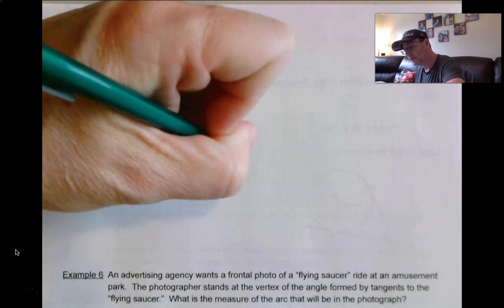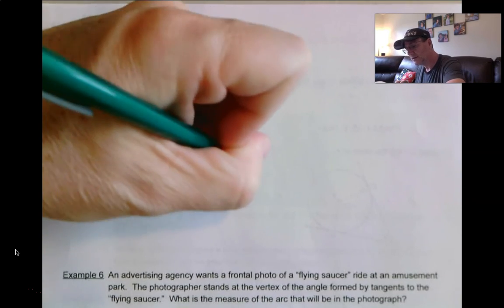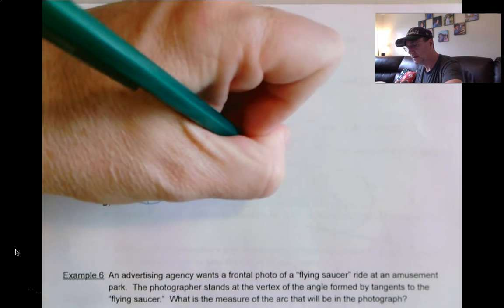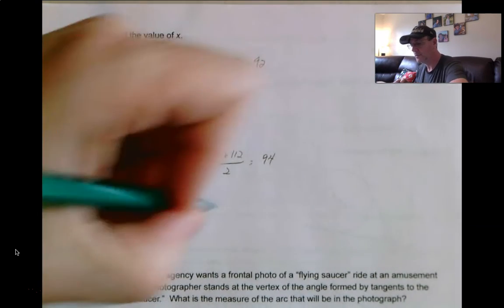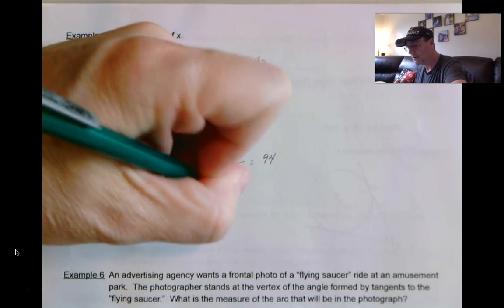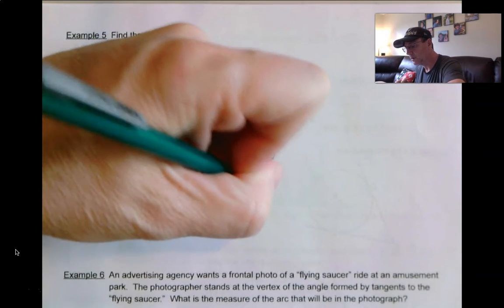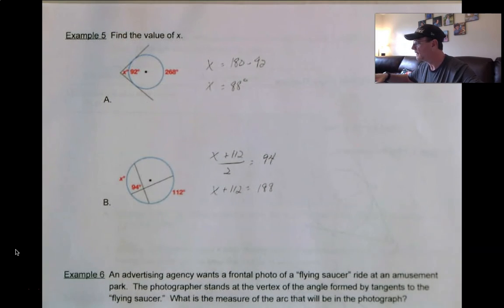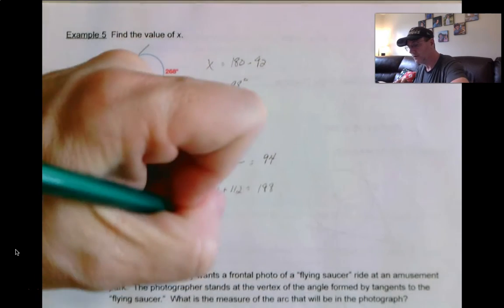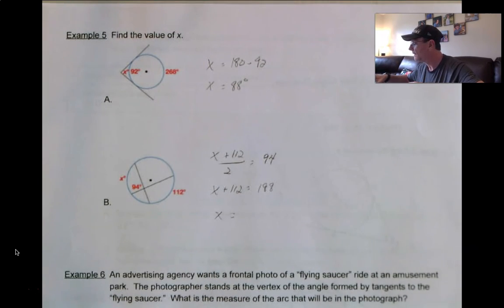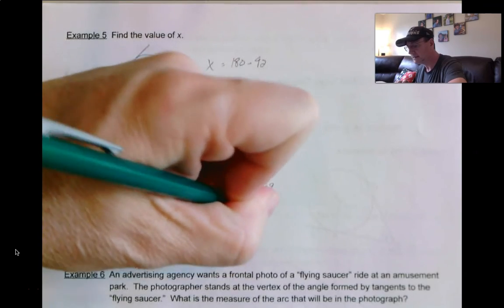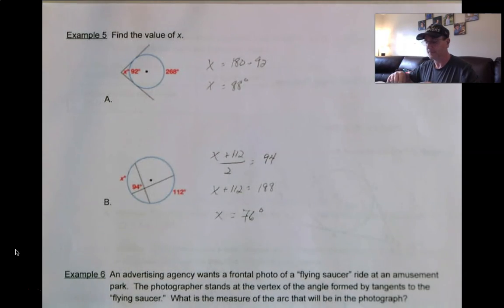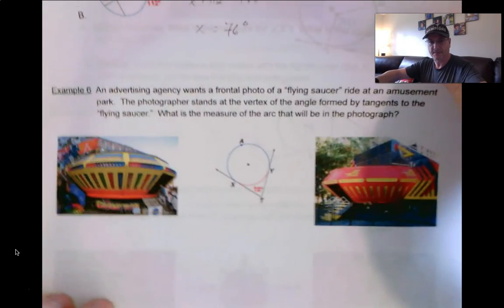X plus 112 divided by 2 equals 94. Multiply by 2. X plus 112 equals 188. And subtract 112. X is 76 degrees. Example 6.